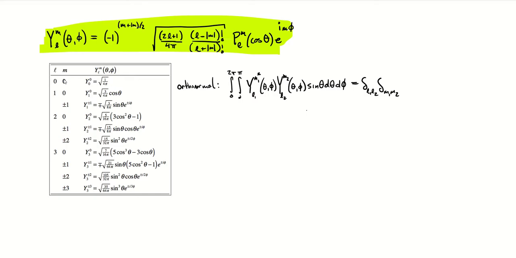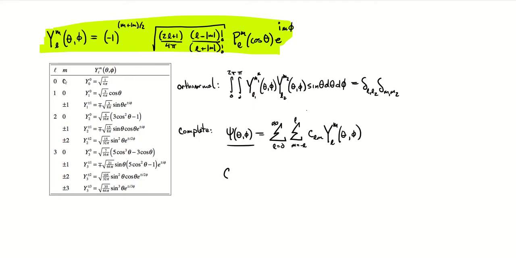They also form a complete set, which means any angular part of our wave function can be written as a sum over all of these, from l equals 0 to infinity, and the m's can go from negative l to l, over some coefficient. You're just linearly expanding these wave functions, these spherical harmonics. We can write any wave function in terms of a linear combination of these spherical harmonics.